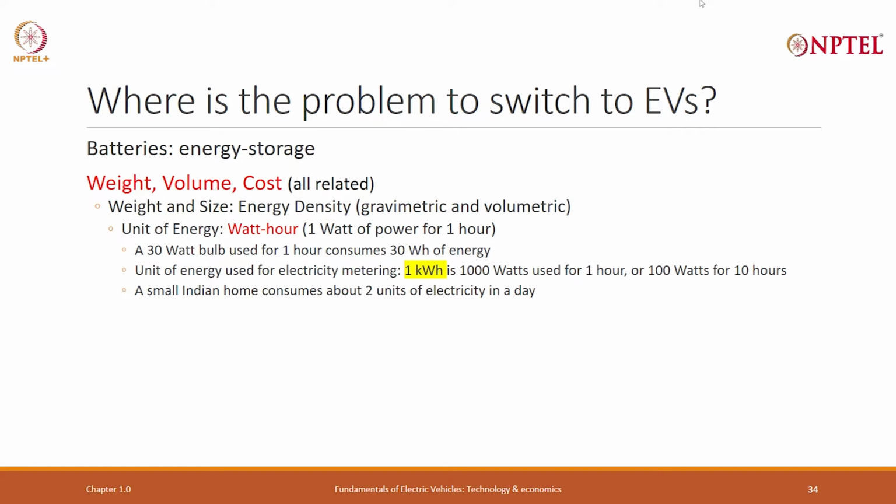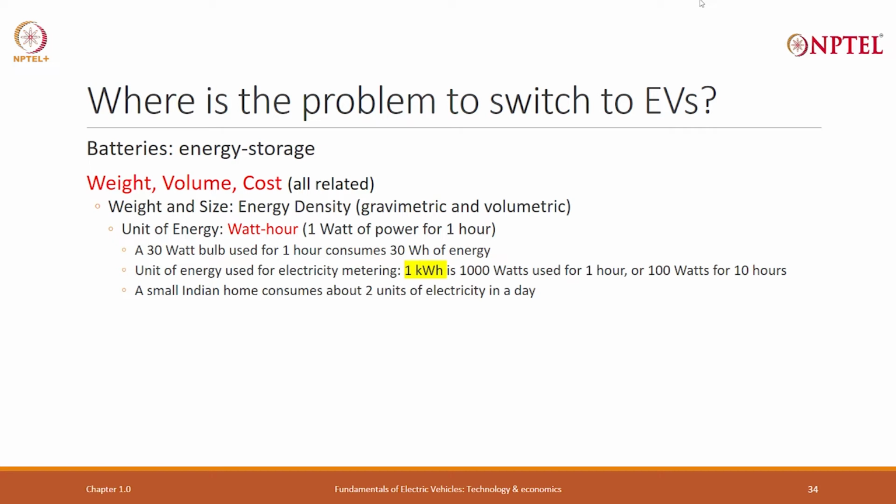One thing that you need to learn throughout the course, we will be using a very important term, a unit of energy called watt hour. What is a watt hour? Power is watt, 1 watt is 1 unit, and if that 1 watt is used for 1 hour, it is called 1 watt hour. Watt hour is energy, watt is power.